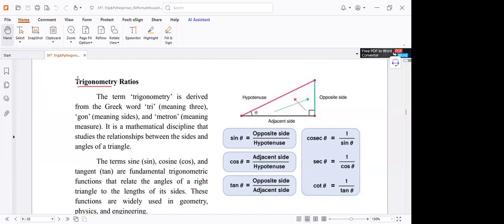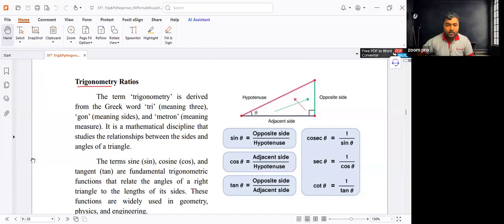Yes, sir. Done. Okay. Then under this trigonometry lesson, there are mainly two things you have to find. First one is you are always asked to find a length, or you are asked to find an angle.